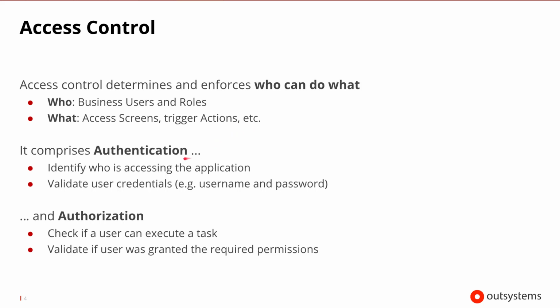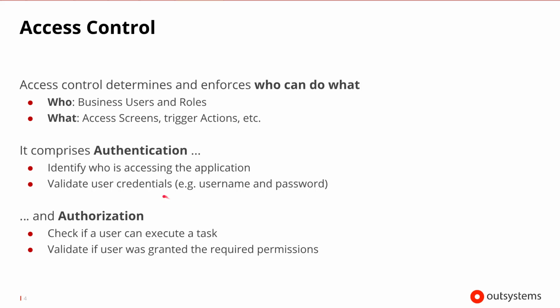And in general, for us to be able to determine who can do what they need to do, we need to have authentication. So authentication is the concept of identifying who is actually using an application. And then we want to validate who that user is. And we typically do this through some sort of check like a username and password. Sometimes you can do that via different types of certificates or other things.